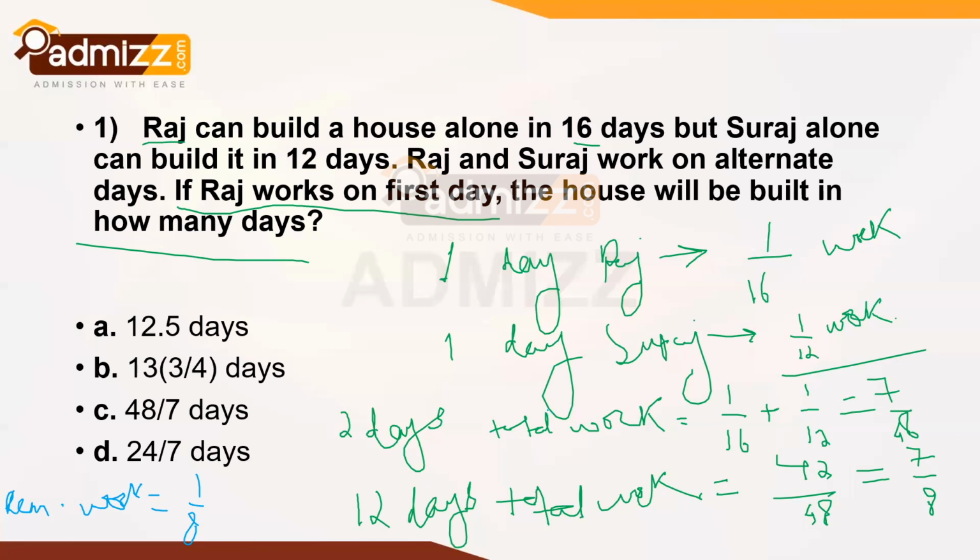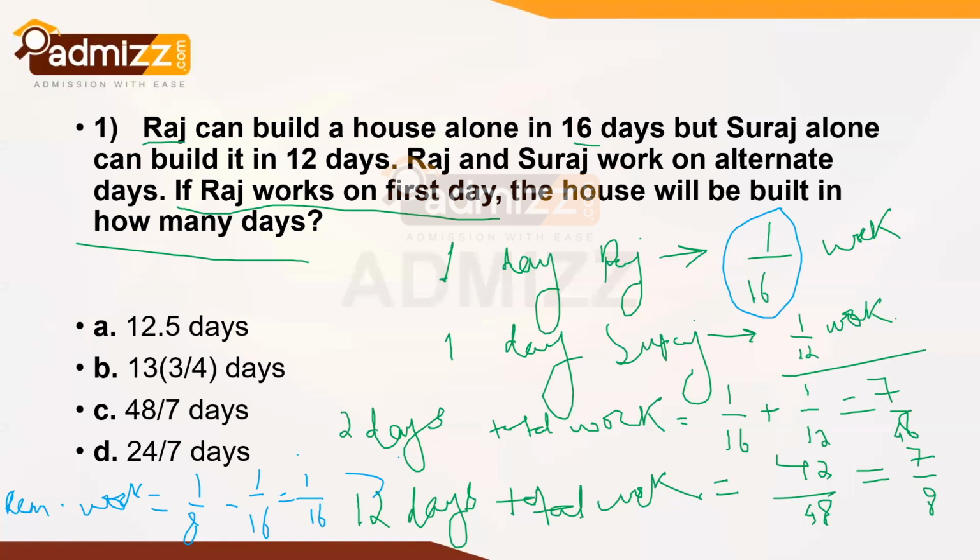Now the thing is, on the 13th day, after 12 days are over, Raj is going to do his work. And we know that Raj completes 1/16 of the work in a day. So the remaining work after Raj does his work is 1/8 minus 1/16, which is equal to 1/16.